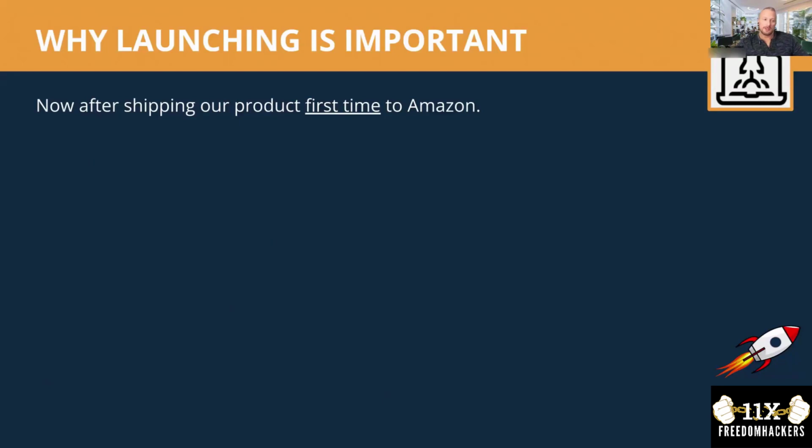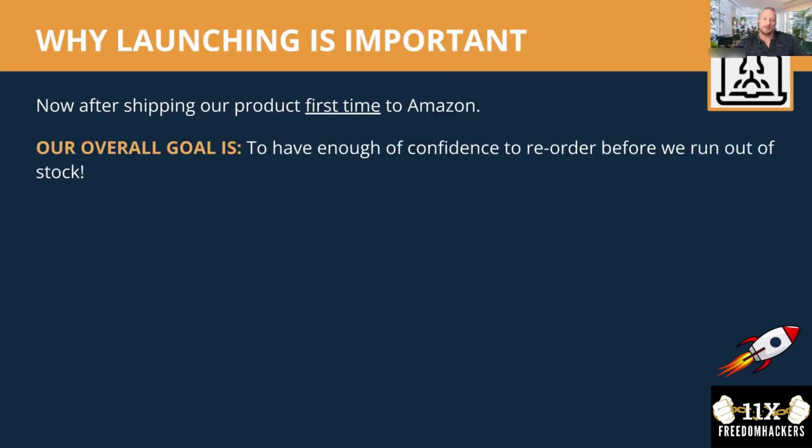Launching is important because after shipping your product the first time to Amazon, let's say more than 50 units already, your goal is to have enough confidence to reorder your product before you run out of stock. Let's say you have 300 units on Amazon, or maybe 100, or even more than 50. Then you want to know, should I reorder this product or not?